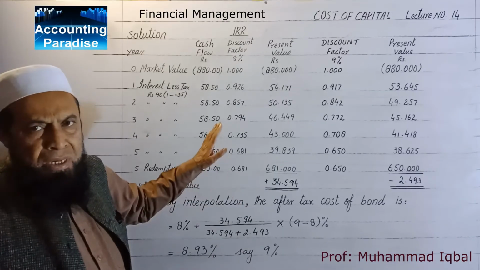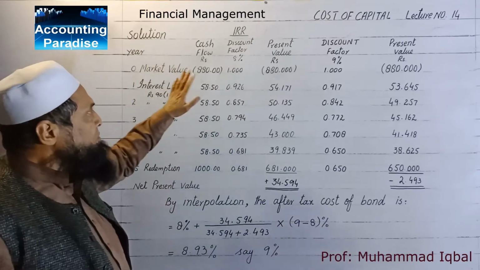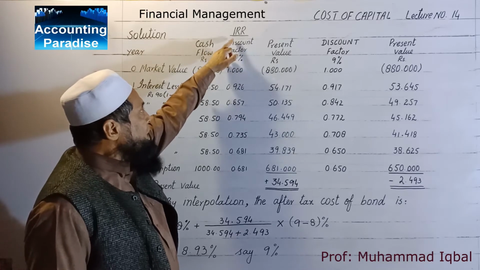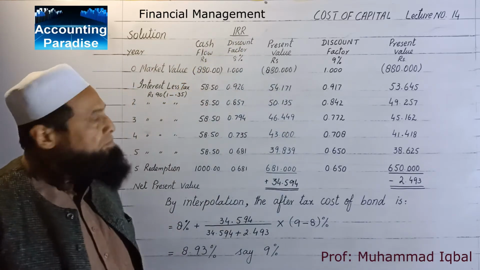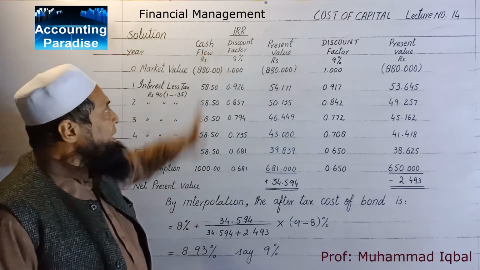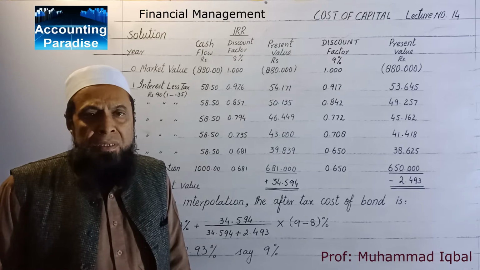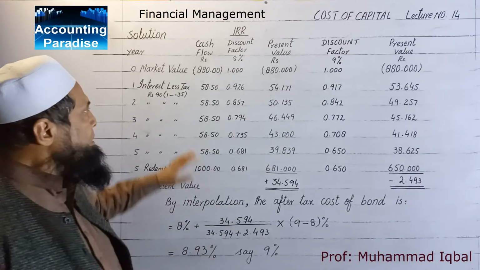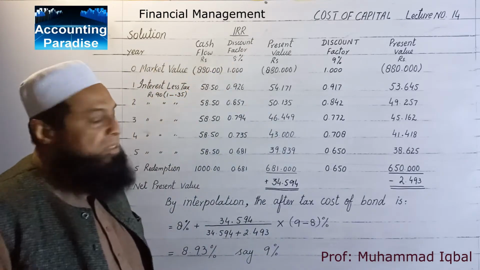Here is the solution for the example. The solution will be done by the IRR method. Internal rate of return is determined through the hit and trial method. Now, first of all, we try the 8% discount factor.